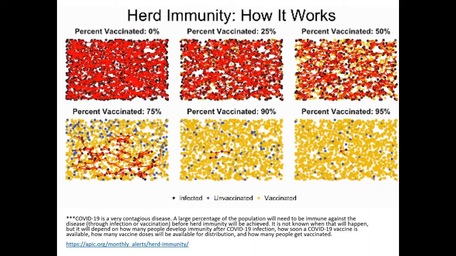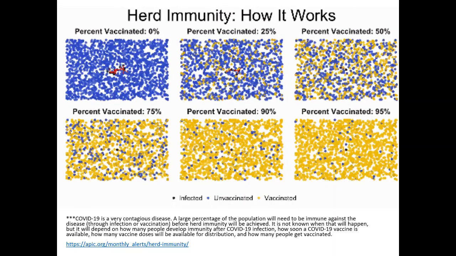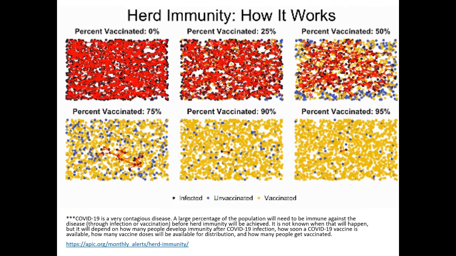It's not just one-to-one here, it's one to as many people as get close enough to breathe each other's essentially lung droplets that are filled with these virus particles. Okay. And of course, at 50% of the population, we can see virtually the entire population is going to be infected very rapidly.